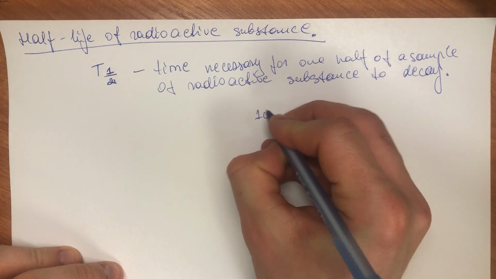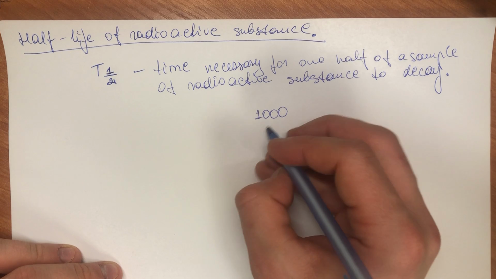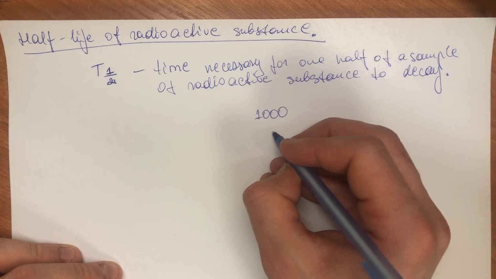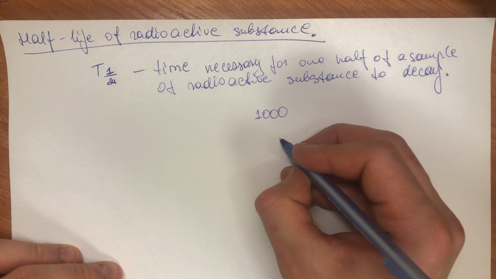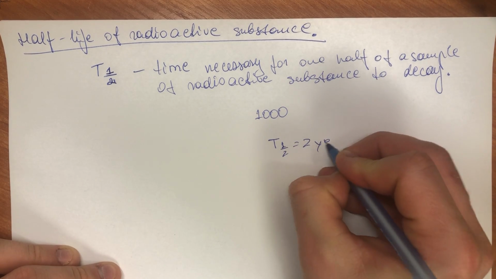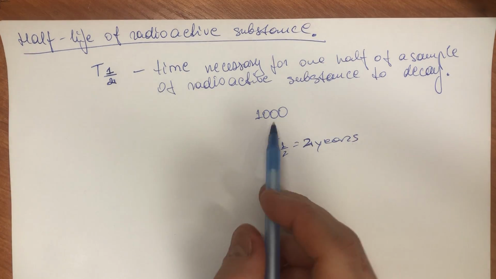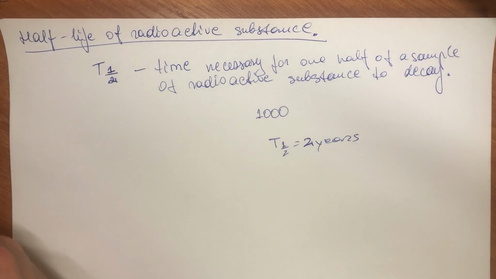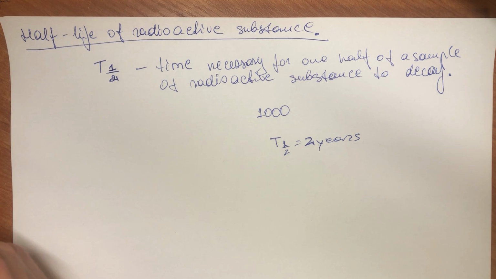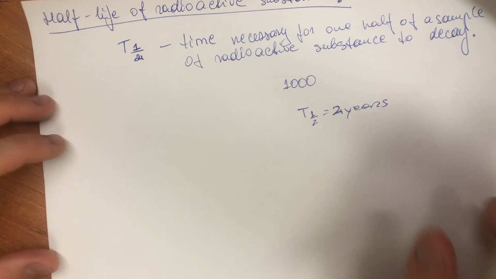Say if we have 1,000 atoms and T is 2 years, we can say that after 2 years 500 of these radioactive nuclei will have decayed. Okay, now nuclear reactions.